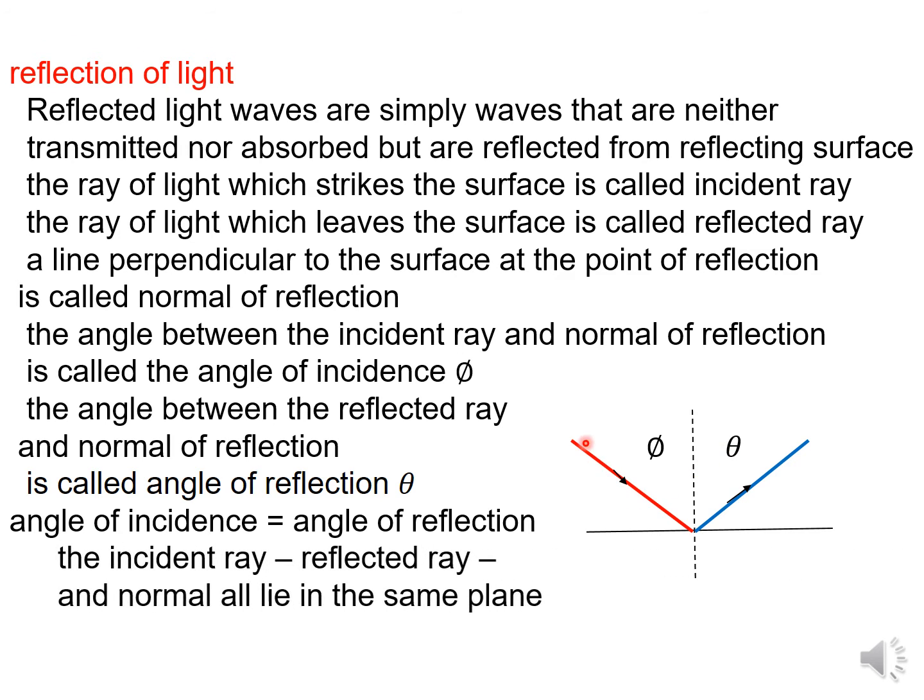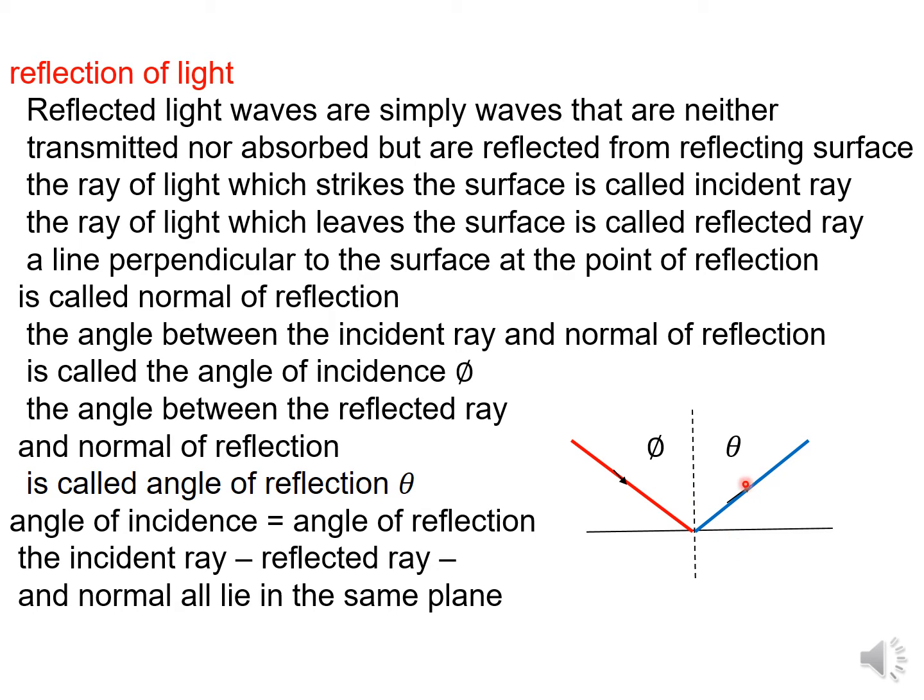The incident ray, reflected ray, and normal of reflection all lie in the same plane perpendicular to the reflecting surface.